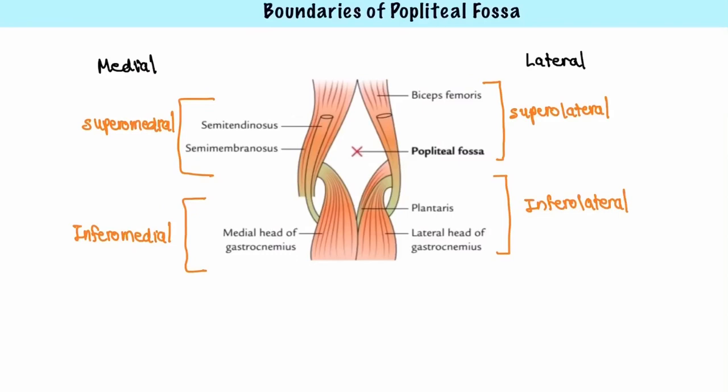Superolaterally, boundary is formed by biceps femoris muscle. This is the biceps femoris muscle. Superomedially, boundary is formed by semitendinosus, semimembranosus, and it is supplemented by gracilis muscle.